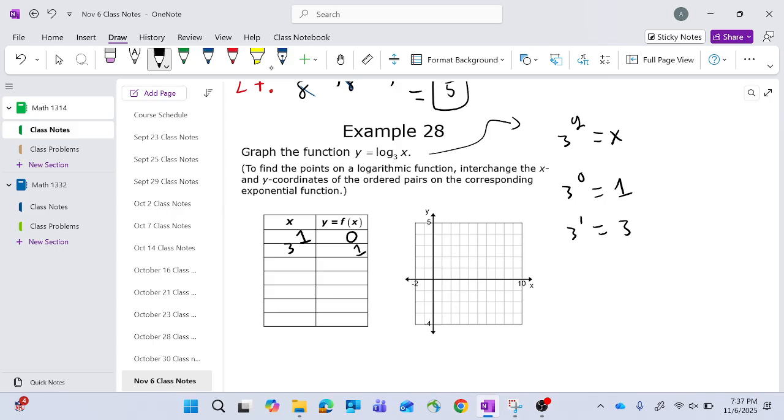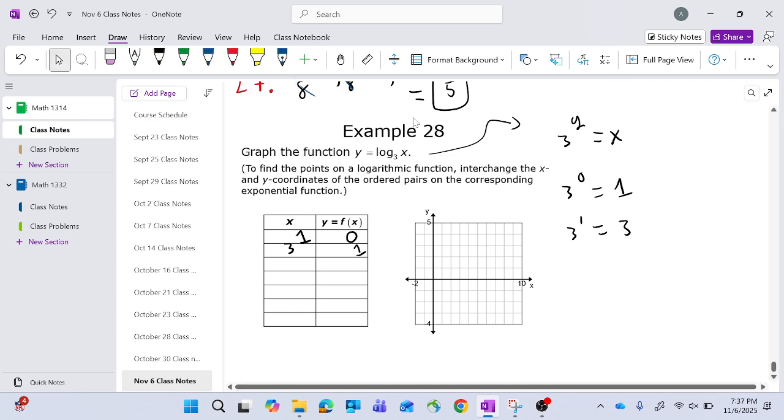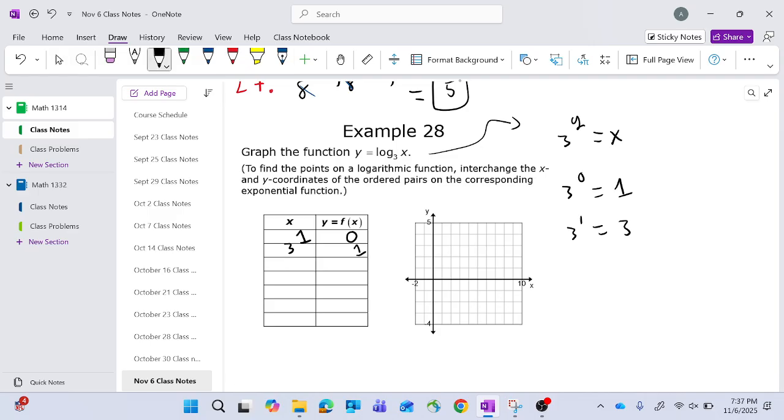And also, there is an asymptote here. Logs will have an asymptote too, but it's the opposite asymptote. These always kind of work backwards. So in this case, the asymptote is always with the x. We have y equals log 3 of x.